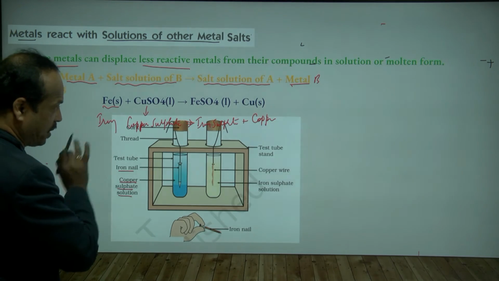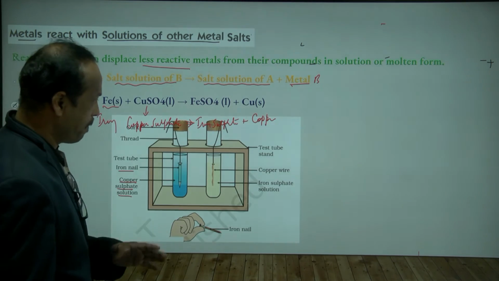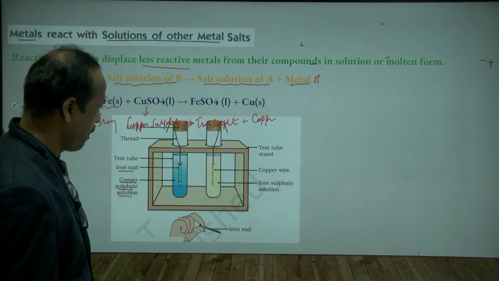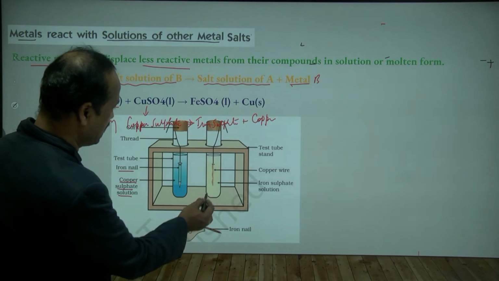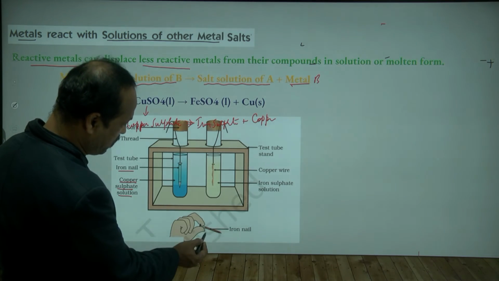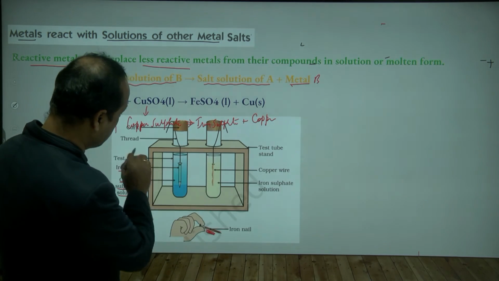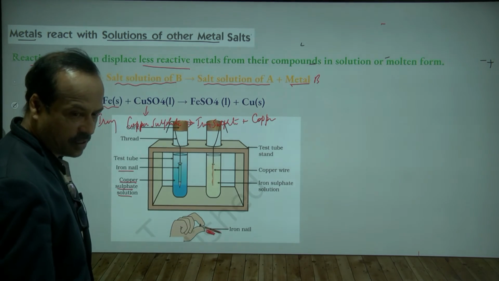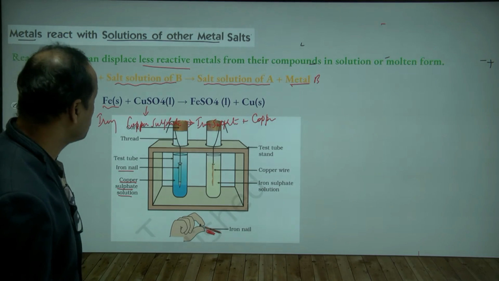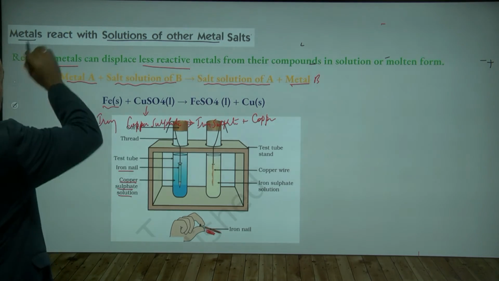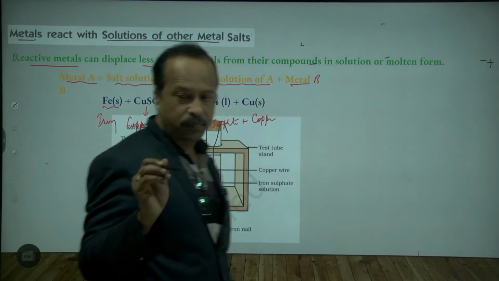We kept it, and after some time, here you see that it turns into green color. If you take out this iron nail, it becomes red in color, yes or no? Because copper is deposited on it. So this reaction is called displacement reaction. Now write this one. Is this clear now? Yes, sir.